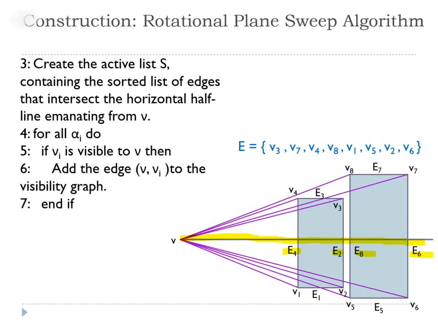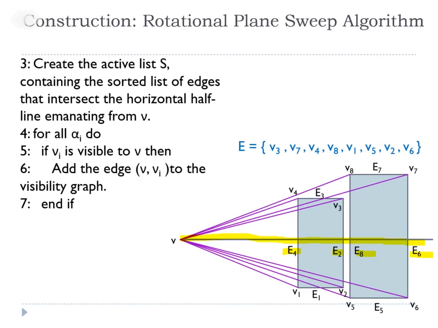Then after that, starting with alpha 3, or for all values of i, starting from the smallest angle for all i, if Vi is visible to V, then add the edge VVi to the visibility graph. So this is the first step to creating visibility graph.